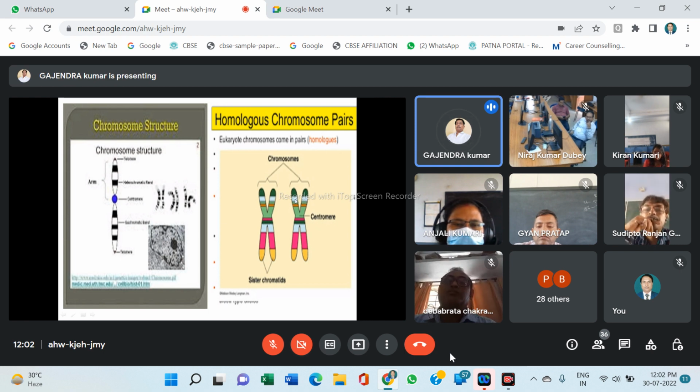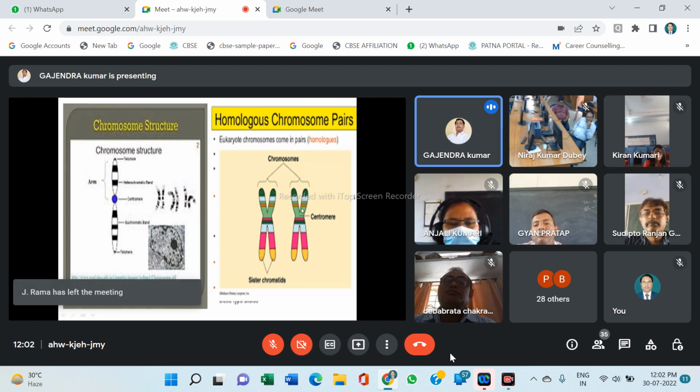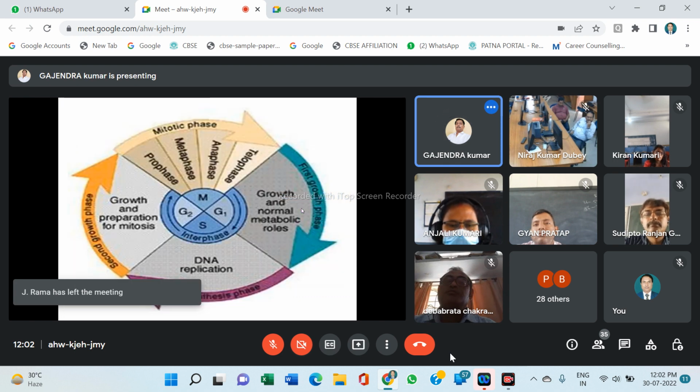Here we can find two chromosomes. Both are homologous chromosomes, and the chromatids of each other are non-sister chromatids.